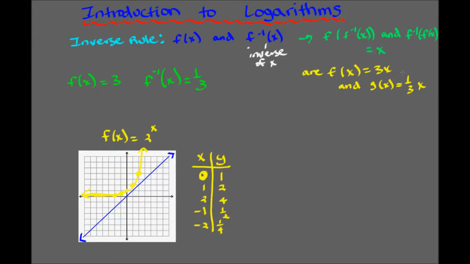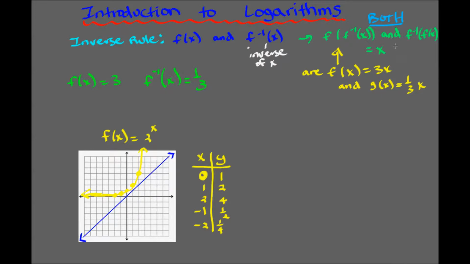The way you would find that is you would do that right there, and I can tell you that they are indeed inverses. If you plug it in, which I won't do for time purposes, they are inverses. One important thing to remember is that both statements have to be true in order for two functions to be inverses. If one of them is true and one's not, then they are not inverses.